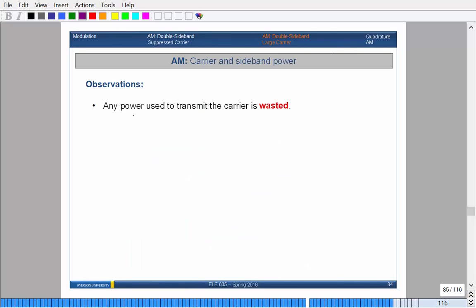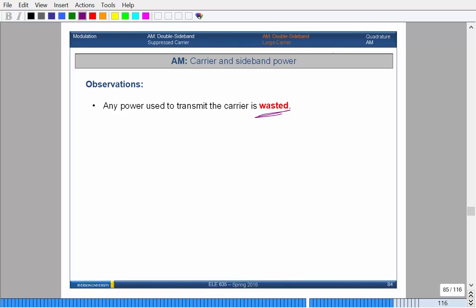Okay, so observation. Any power used to transmit the carrier is wasted, and we'll talk about that in a little bit. But if you are using amplitude modulation and you have a carrier that you're adding on top of your message signal, the power that you're using to transmit that carrier is unfortunately wasted. So what that means is that the efficiency, or how much power you're putting into the system compared to what you see in the output, is actually very small.